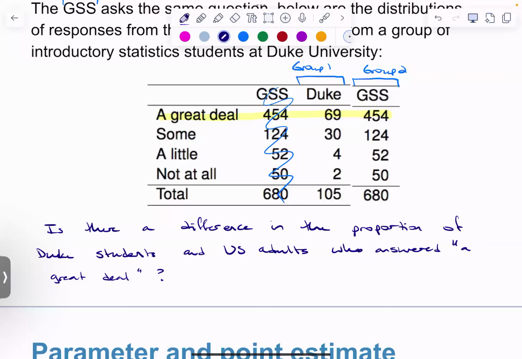Okay. What we're going to do is build a confidence interval, and then we're going to do a hypothesis test. And we can use either of those to answer this question.